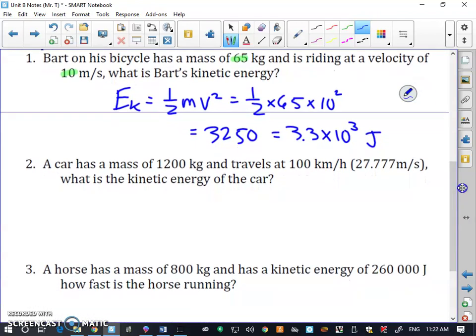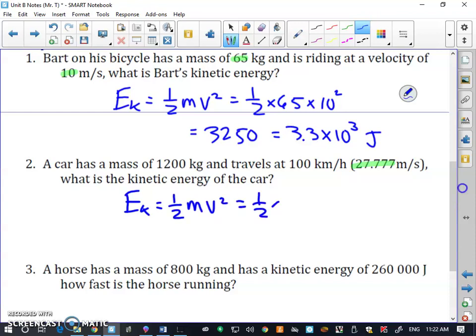Okay, take a look at question number 2. A car has a mass of 1,200 kilograms and travels at 100 kilometers per hour, which is 27.777 meters per second. What's the kinetic energy of the car? Ek is 1/2 mv squared.